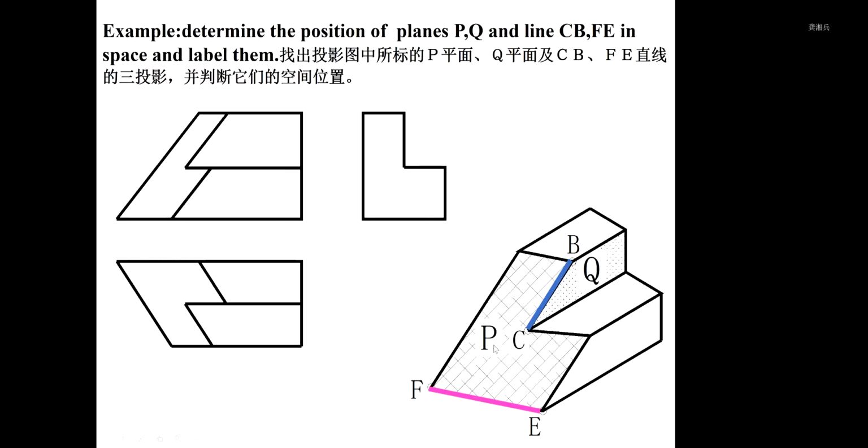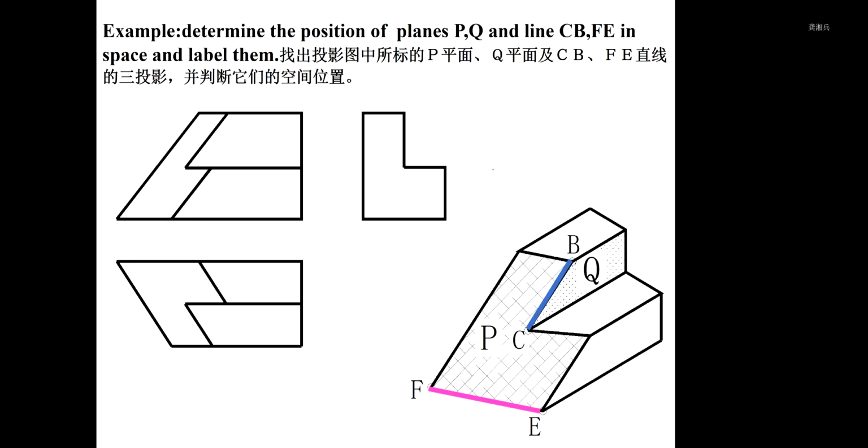Okay, here. So this one is a real three-dimensional shape, a solid. Those three are the projections of this solid. So in this picture, please tell me which one is P. Maybe take two minutes. Are you familiar with this one?